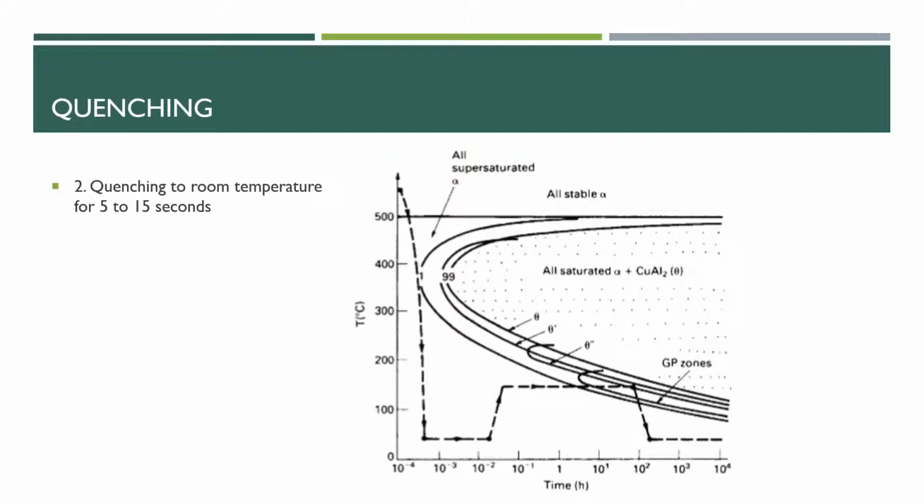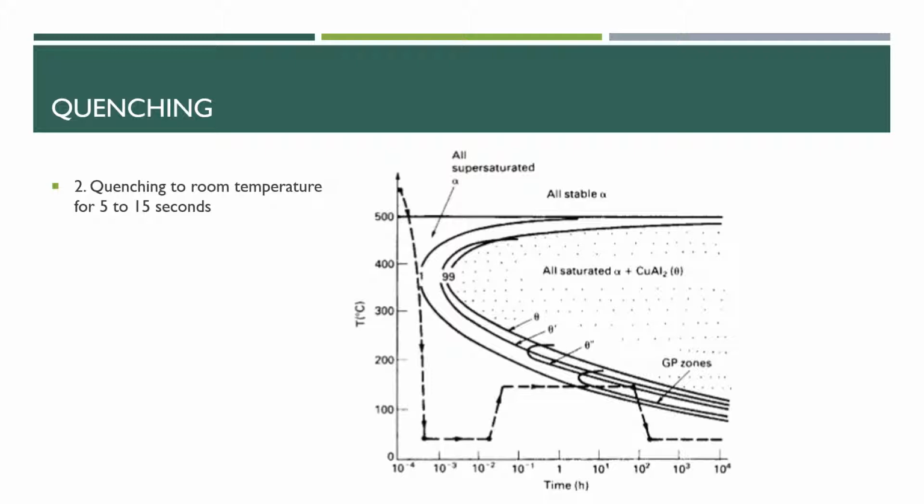So the second heat treatment is quenching. In this stage, we have to lower the temperature from 548 degrees Celsius to 25 degrees Celsius. This is because after the quenching, we have to cold work the alloy, and most metals are cold worked at 25 degrees Celsius.